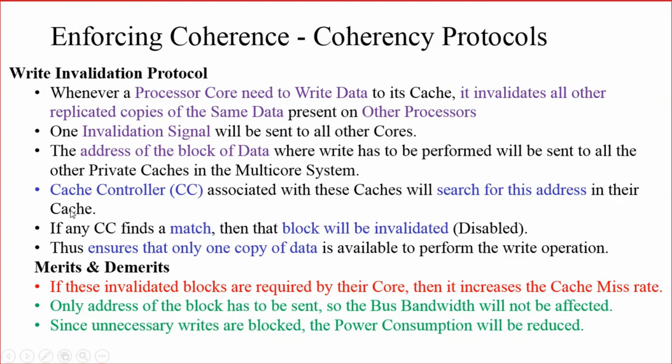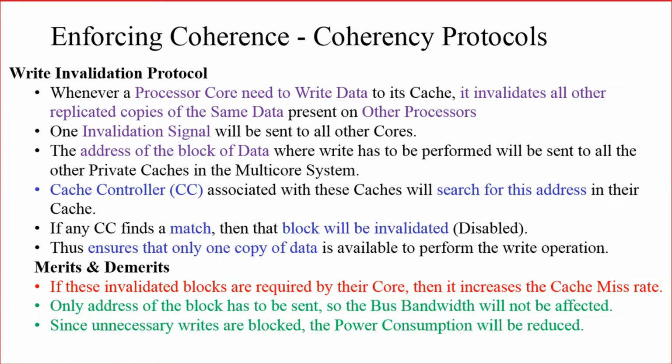So what will the other cores do? The cache controller associated with the caches present in other cores. Each core has a private cache, and these private caches are controlled by a corresponding cache controller, which takes care of the write or read process on the cache.